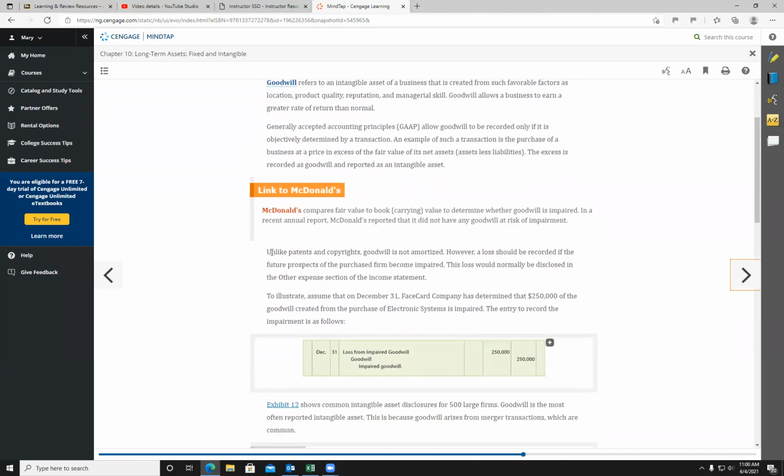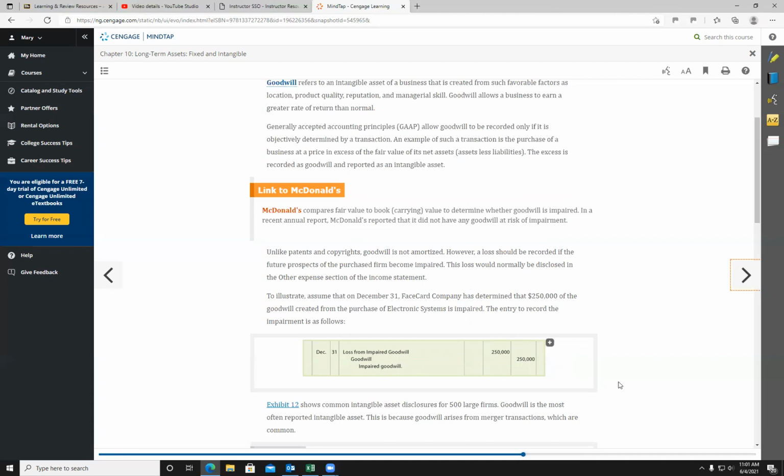McDonald's compares fair value to book carrying value to determine whether goodwill is impaired. Unlike patents and copyrights, goodwill is not amortized. However, a loss should be recorded if the future prospects of the purchased firm become impaired. The loss would normally be disclosed in the other expense section of the income statement.